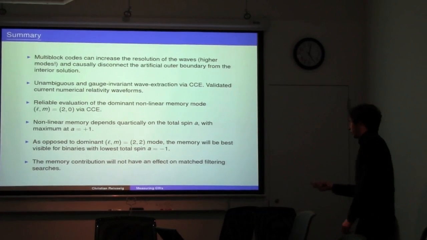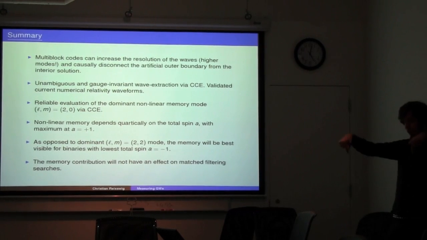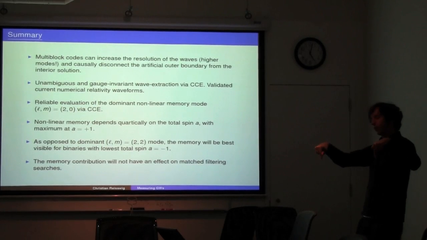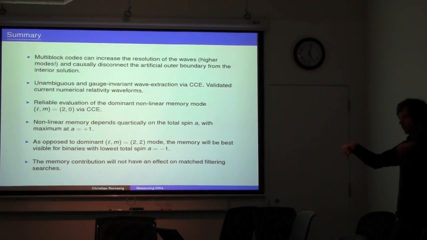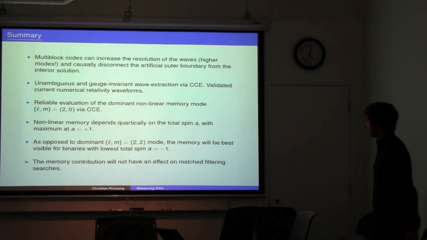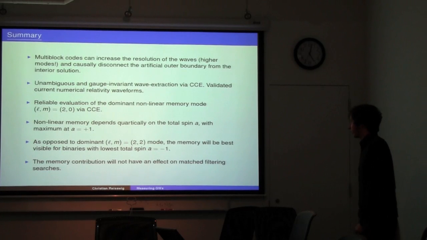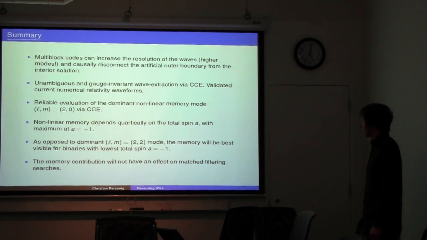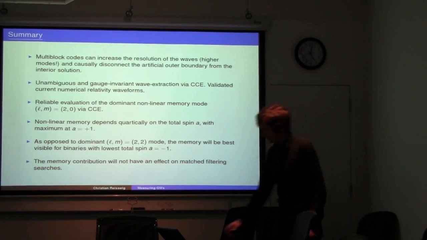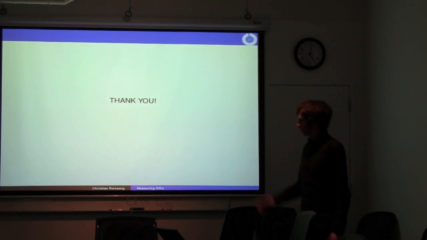But as opposed to the dominant L2M2 mode, this configuration, which has the smallest memory offset in the end but the largest ring down, will be most visible in gravitational wave detectors due to the ring down, and the memory will not have any notable influence on matched filtering searches if you include this mode. Thank you very much.